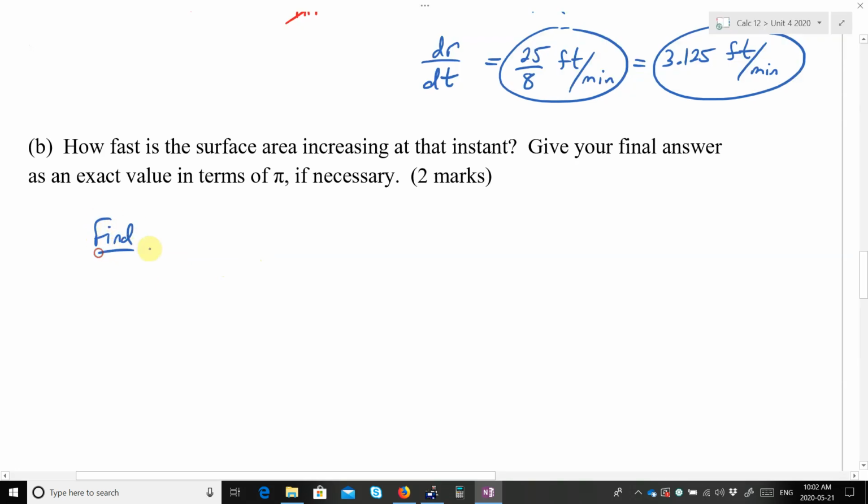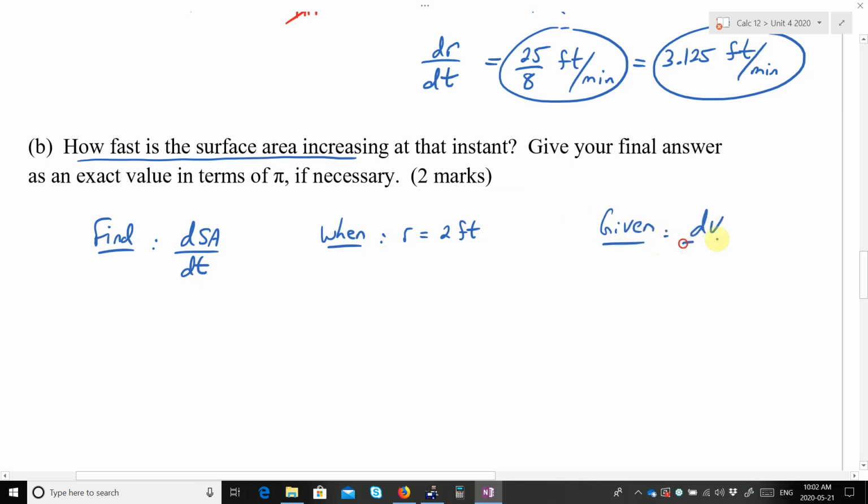Find: how fast is the surface area increasing? So we want the change in surface area with respect to time, when r is equal to 2 feet. And the only given thing we had still was the change in volume with respect to time, which I don't think is relevant in this question.